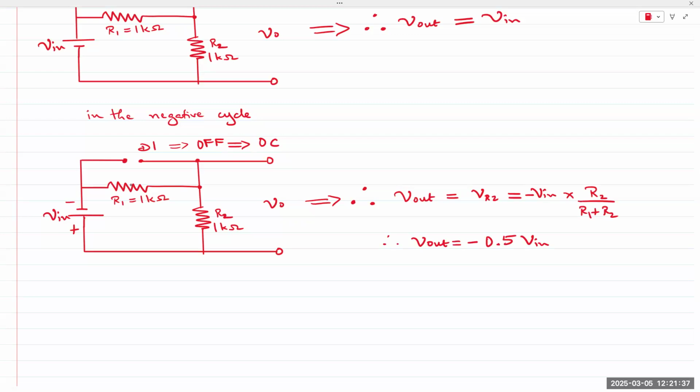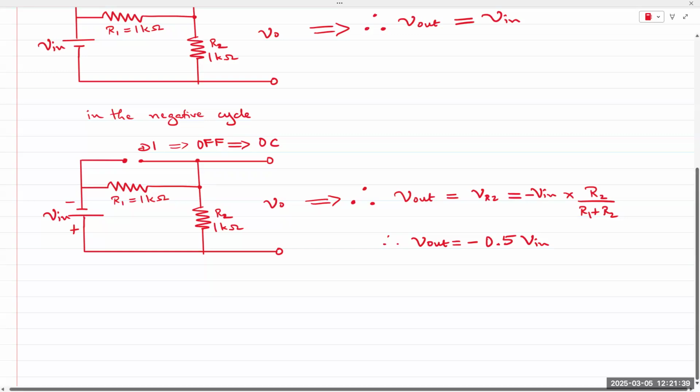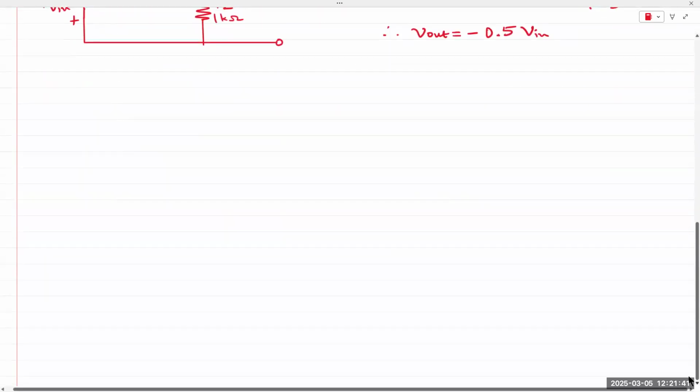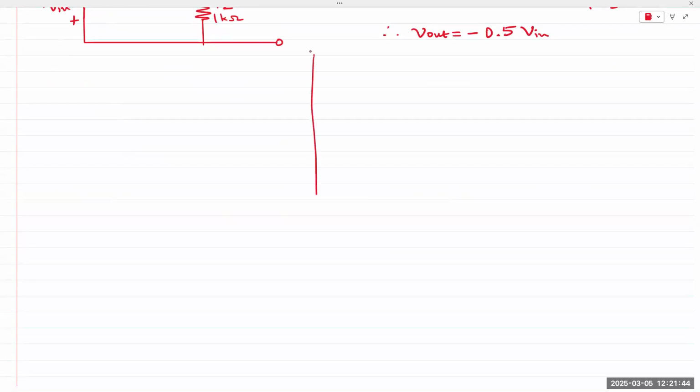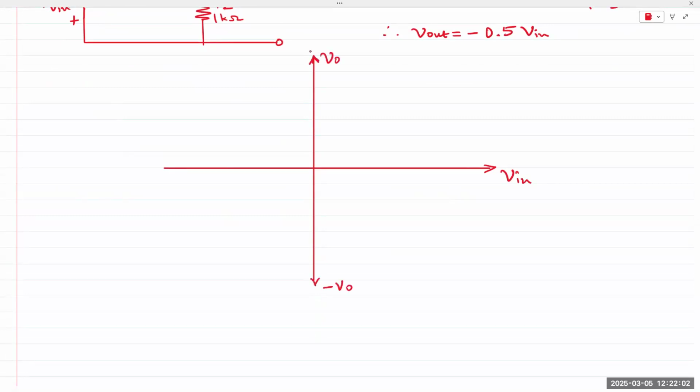So if I were to plot V out as a function of V in: if V in is 1 volt, my output is 1 volt.